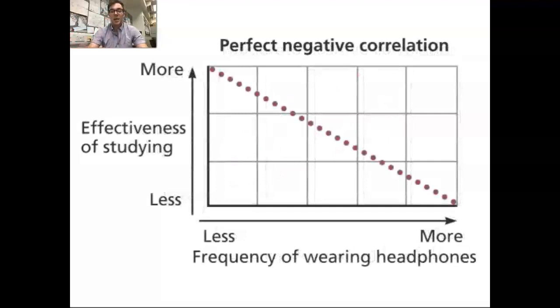A perfect negative correlation is going to look something like this, where you have studying effectiveness now decreasing in terms of the frequency of wearing the headphones, right? For some students, this could be the case, right? For some students, wearing headphones or listening to music when they study is not helpful for them. For other students, it's really helpful.